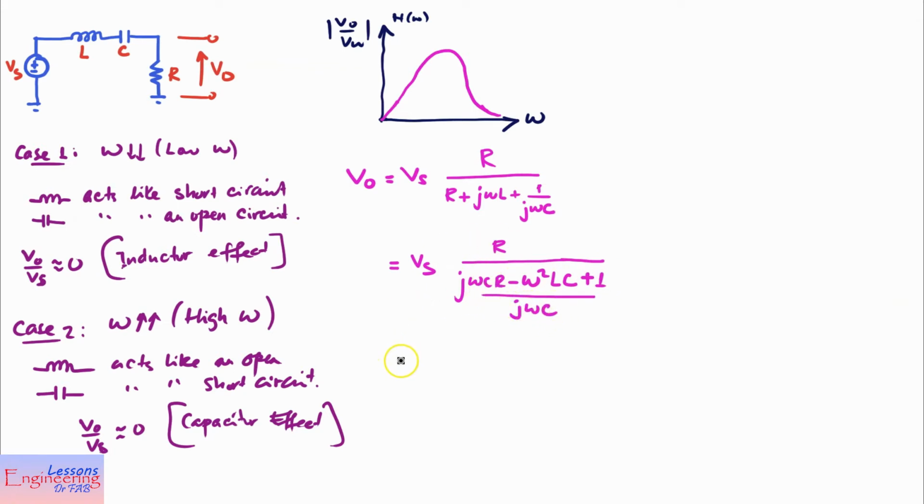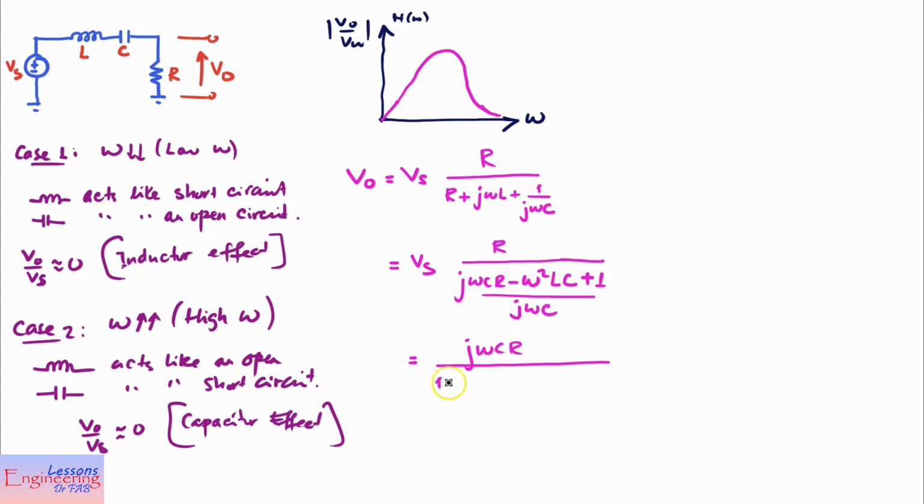We can further simplify quickly as follows. This is a denominator of a denominator, so we can multiply that with the numerator there. So you'll have J omega CR over, now we'll simplify this denominator further, collecting real terms together and imaginary terms together.